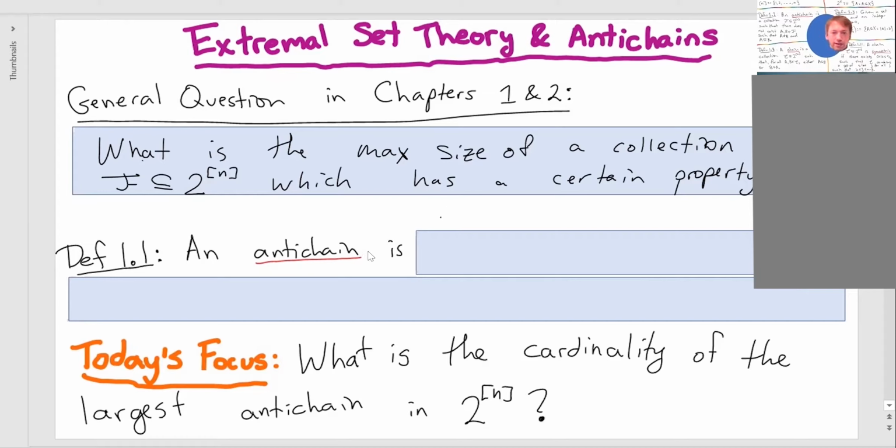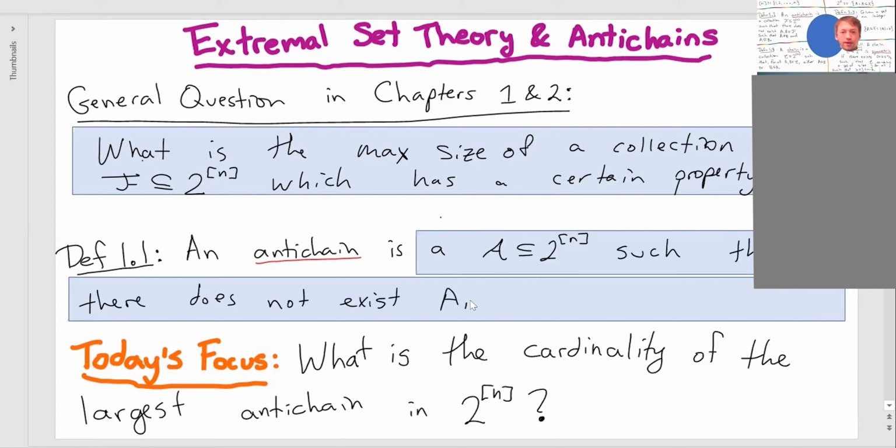So this lecture is going to be about antichains. An antichain is a collection of sets, a subset of 2 to the square brackets n, such that there does not exist A and B in curly A such that A is a strict subset of B. I'm going to cross out the equal sign, so this means A is a strict subset.